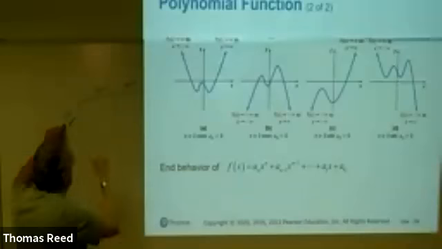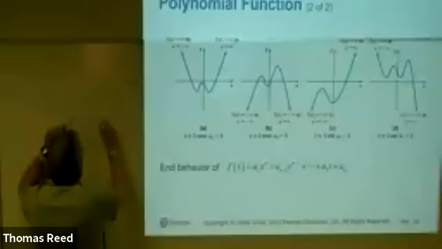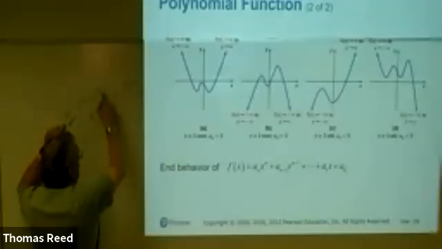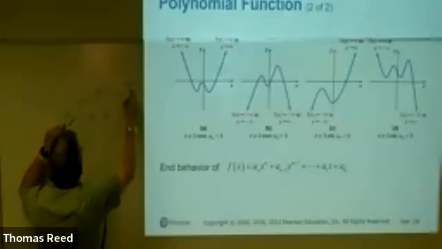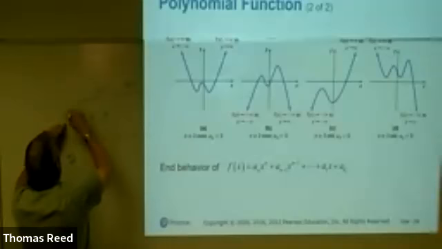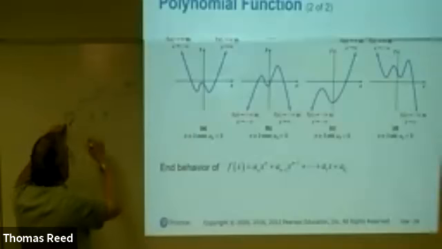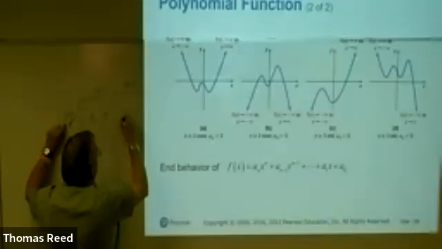So if n is even, then they're both going up if a is positive. If a is negative and n is even, then they're both going down.